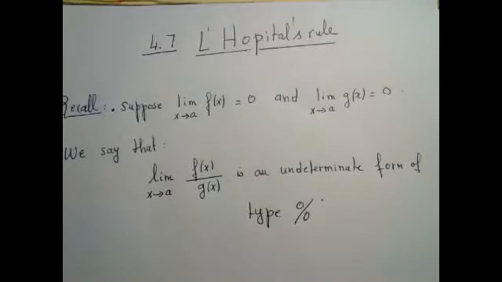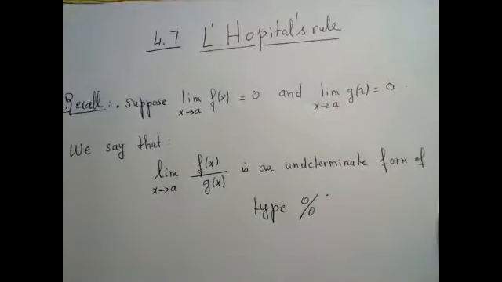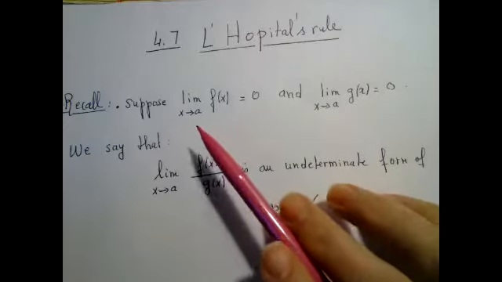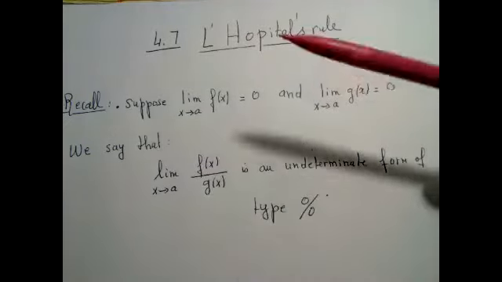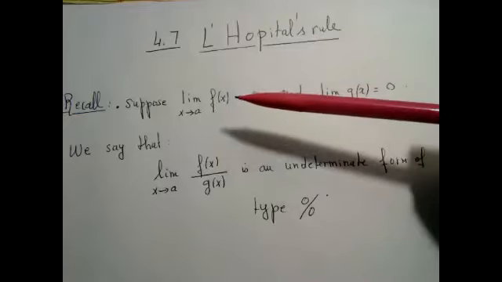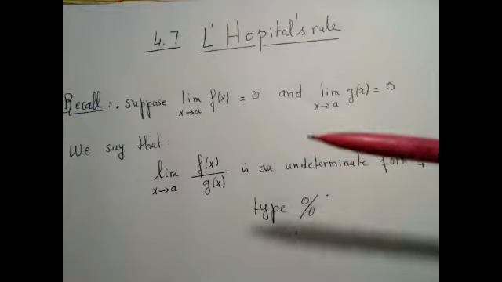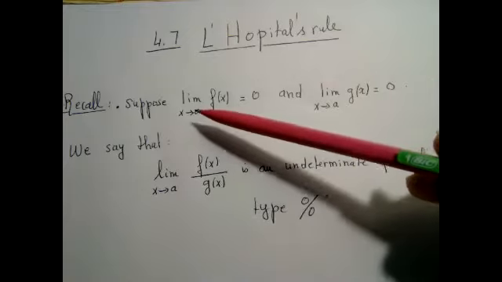Okay, so we're going to talk about L'Hôpital's rule. I know Professor Beer started it, but we will go over it anyway. So let us recall what is the situation here. Something we talked about at the beginning of the semester, but now we're going to talk a lot more about it.